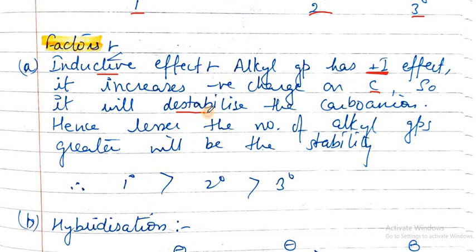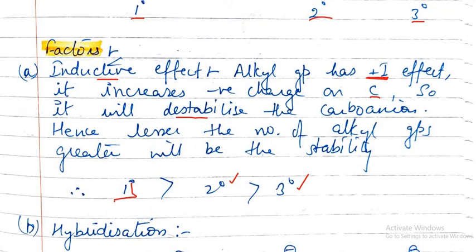So the lesser the number of alkyl groups, the greater the stability. Lesser alkyl groups means lesser electron density on carbon, so lesser destabilization. So primary are more stable, then secondary, and then tertiary.